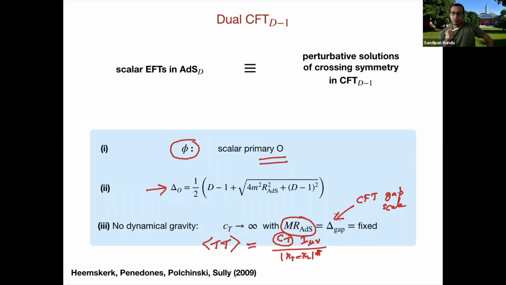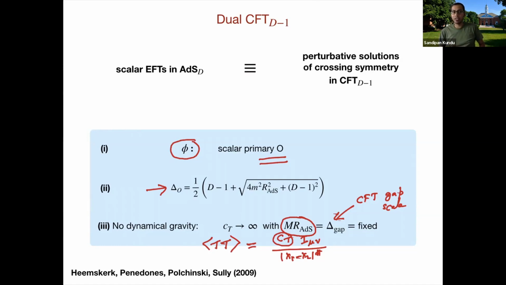So you're saying there is an implicit assumption: it's not just that we are deriving constraints on the effective field theory, we are making an implicit assumption that the effective field theory can be coupled to a graviton. Yeah, okay. So that assumption is there. Yes, that's right.